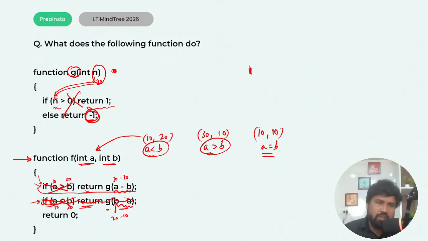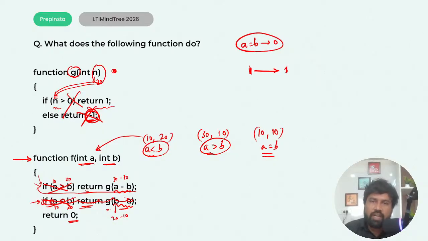So minus 1 will never come as an output. It will return simply 0. So when both are equal, it will return 0. In all remaining cases, it will return positive 1. So in the options, if you see any option with minus 1, will you choose that?